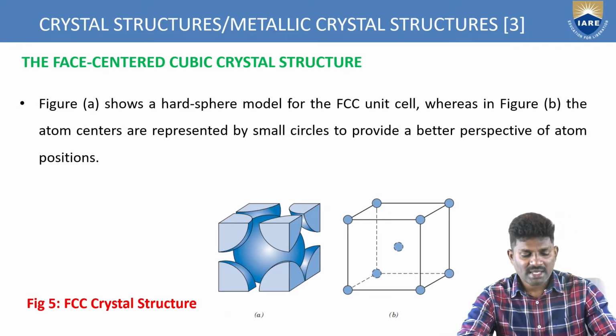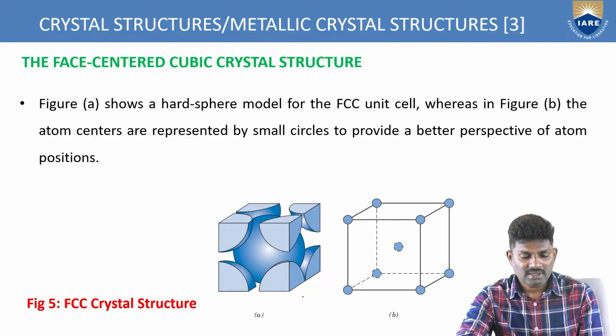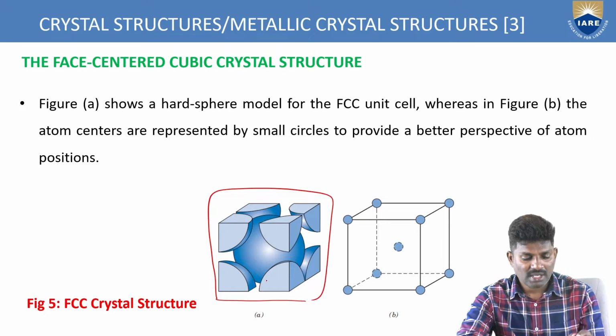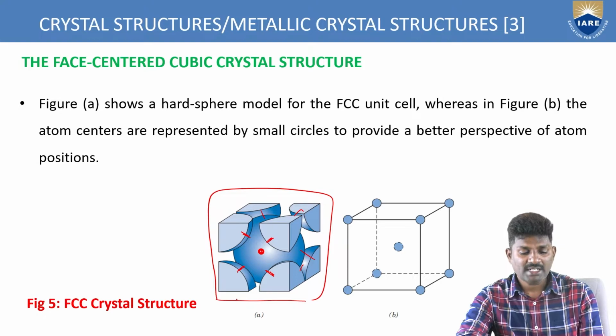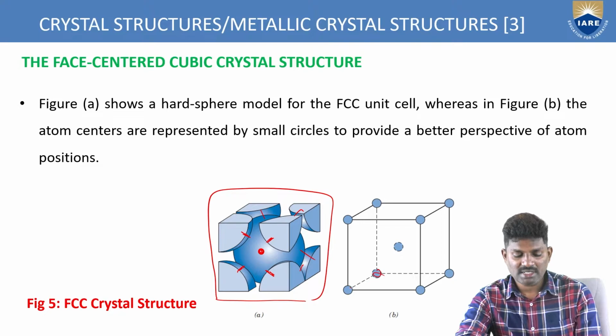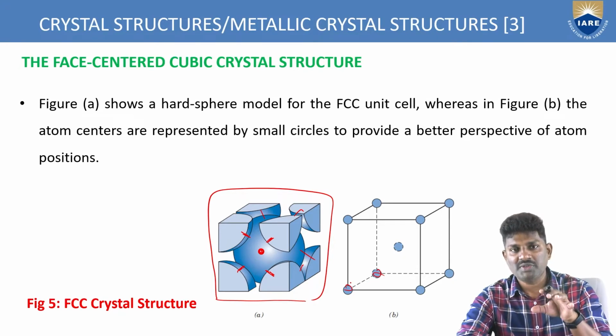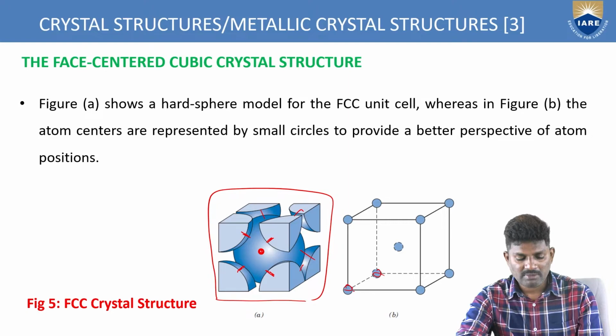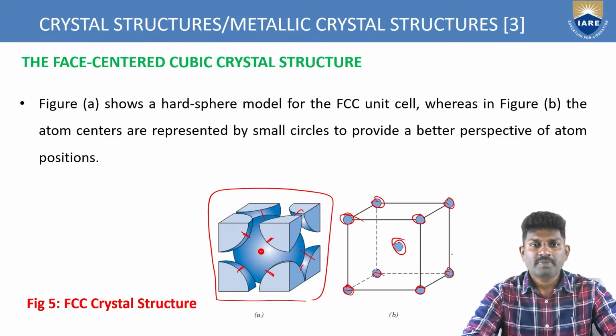And if you see again the hard sphere model for the FCC unit cell, all the corners are bonded, and at the face centers you have atoms again. This is the hard sphere model, and in figure B you have a complete unit cell model. For more visualization, in figure B you can see how the atoms are arranged at the corners as well as at the face centers. So this is how you have the FCC arrangement.